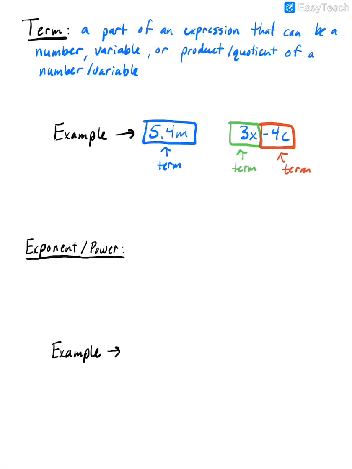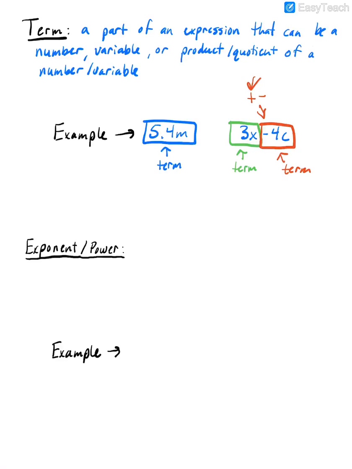Notice that I included the negative sign with that, or the minus sign, because it's always going to attach to the term behind it to stay together. So that's where this plus and negative thing comes in. The plus is something that is not attached to anything and separates terms with each other. So I can rewrite this to be 3x plus a negative 4c, so that negative goes with the 4c and not with the 3x. Okay?